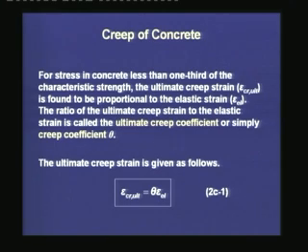It has been observed experimentally that the creep strain at ultimate is proportional to the elastic strain, and the proportionality constant is termed the ultimate creep coefficient, or simply creep coefficient. The equation is epsilon CR ultimate equals theta times epsilon EL.